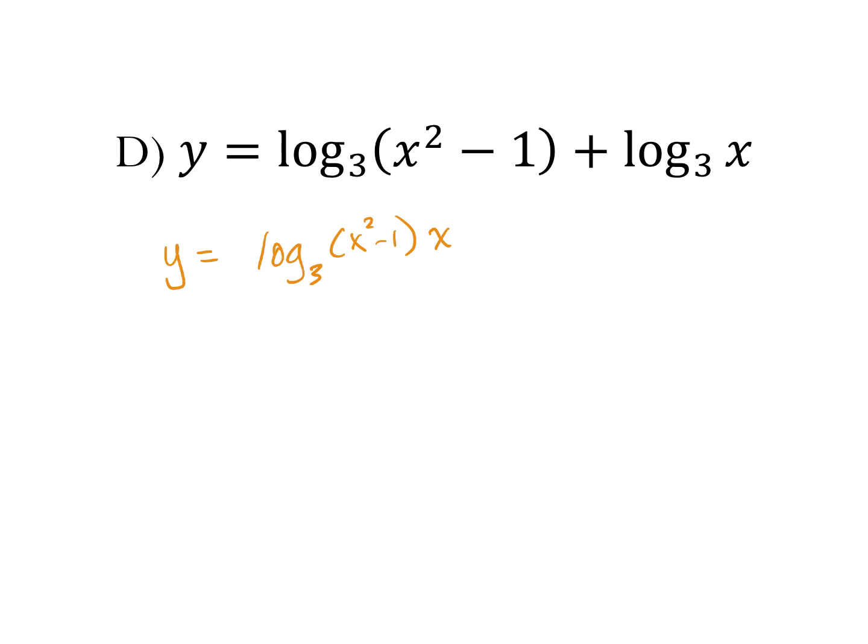Then when I look at those, I think it might be pretty easy to just call this x cubed minus x, because those are a lot easier to take the derivative of. Then what?